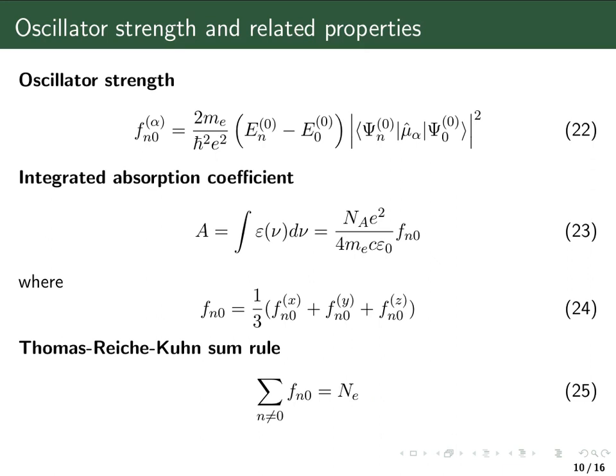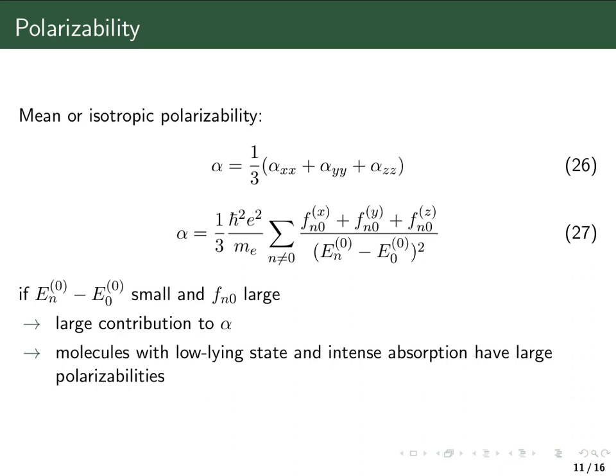Now, since these oscillator strengths are defined as the norm square of the transition dipole moments times the excitation energy, I can also use the oscillator strength to rewrite my expression for the polarizability. Because the polarizability also had this in the numerator, I get this expression here where I have the oscillator strength, divided by 3, and now divided by the excitation energy squared.